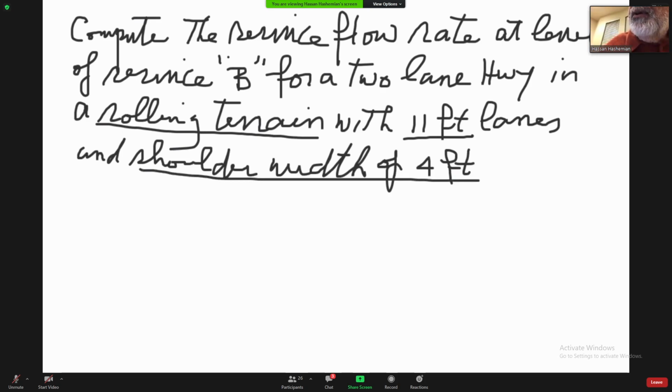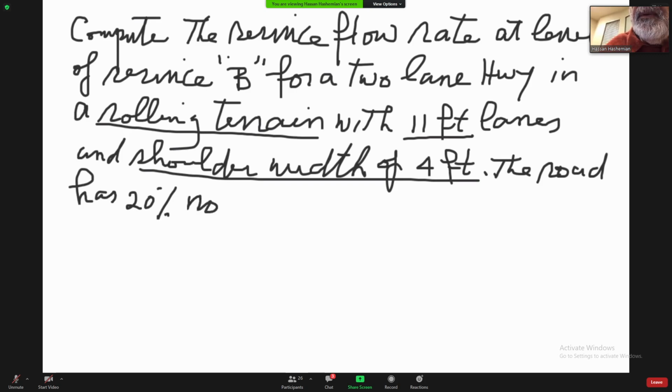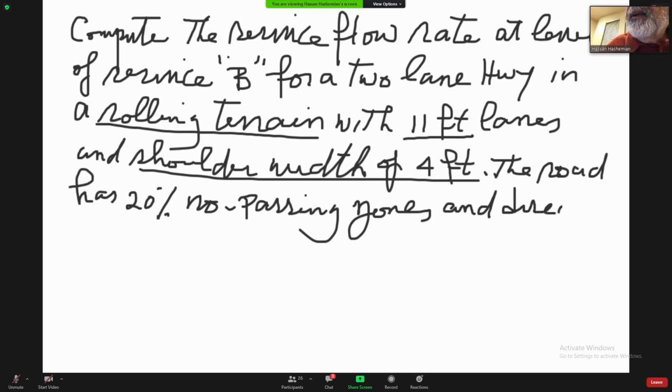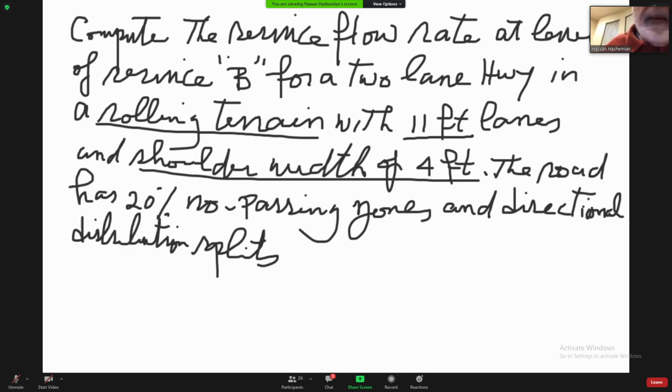Now the road has 20% no passing zones. And the directional distribution split is 60-40.